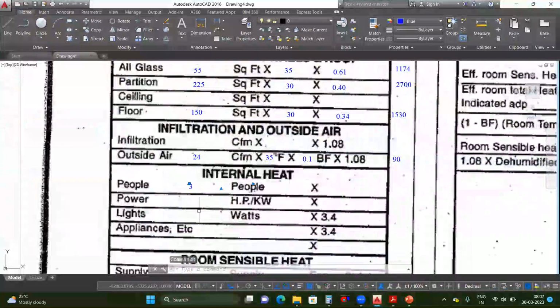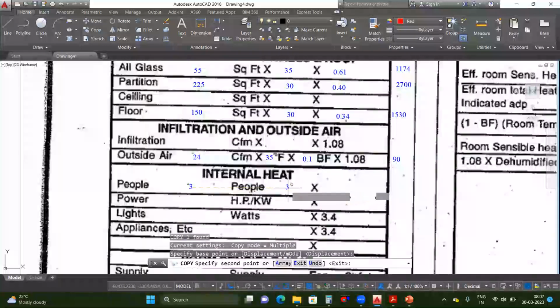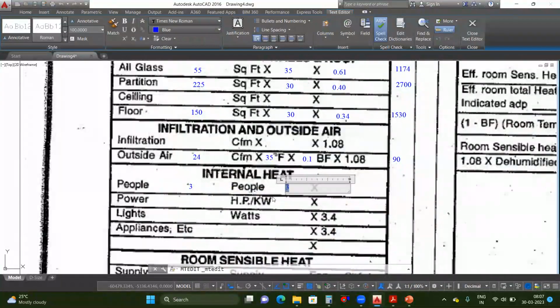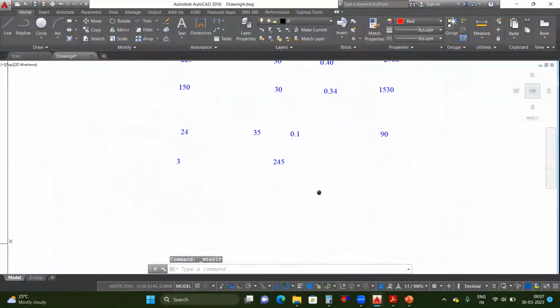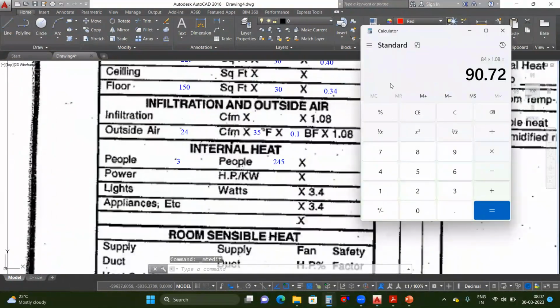I will write 245 here. If you multiply 245 by 3, we will get 735.